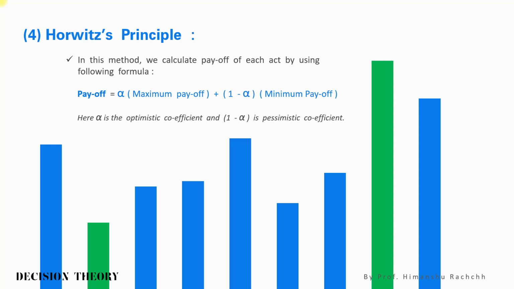In this method, payoff is equal to alpha into maximum payoff plus 1 minus alpha into minimum payoff. By using this formula, for each act we calculate payoff. An act having highest payoff is considered the best act. Here alpha is called optimistic coefficient and 1 minus alpha is called pessimistic coefficient.